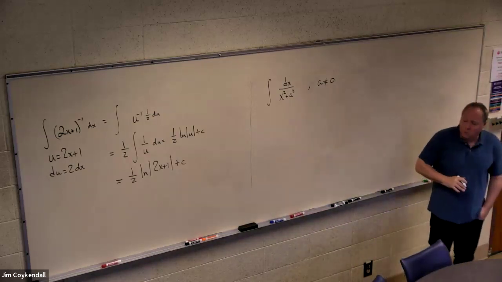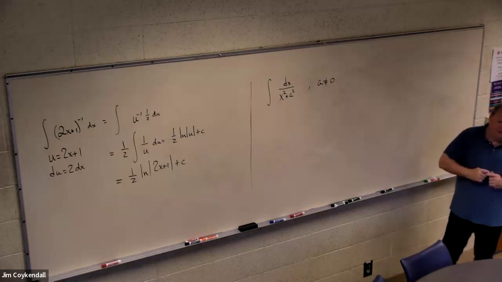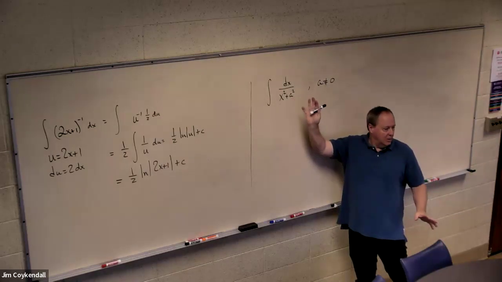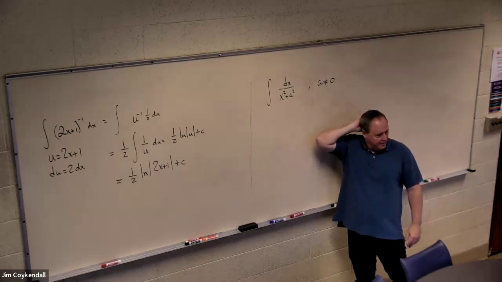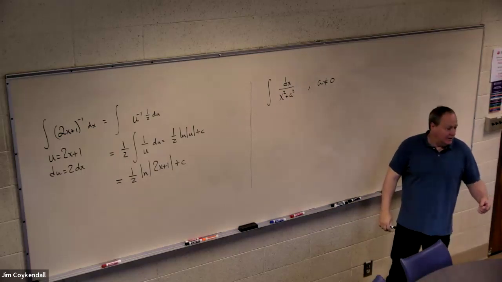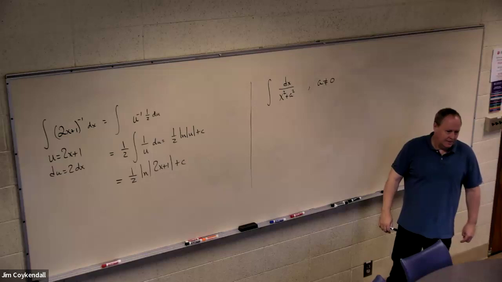Tell me what it is. What value of a, other than zero, could appear next to the x squared that you know what the antiderivative is? One. What's the antiderivative of dx over x squared plus 1? It's the inverse tangent of x.